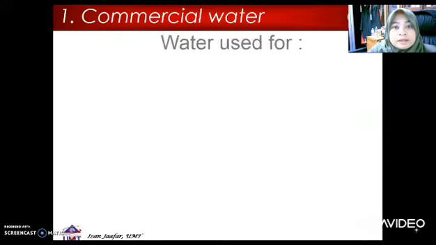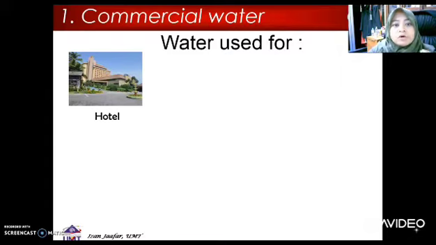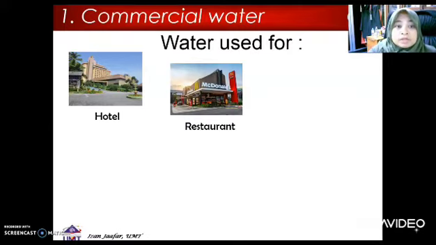Alright, and then what is commercial water? If you think about commercial water, it's the water that you use every day. That's how we can define commercial water. It is water used for hotels, for commercial activities every day, and also restaurants. That's a Primula hotel, and you have McDonald's. I can't find a good image for McDonald's in Gomadak, which you might miss, although you have an abundance of McDonald's buildings near your hometown, right?